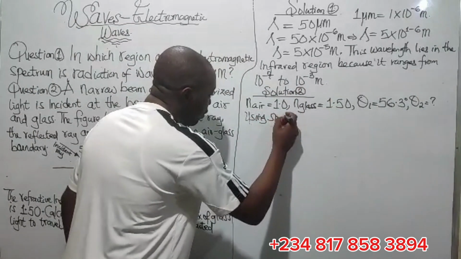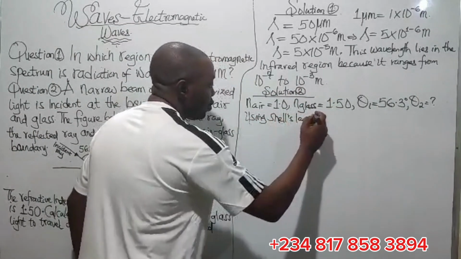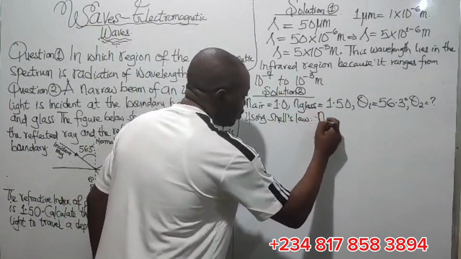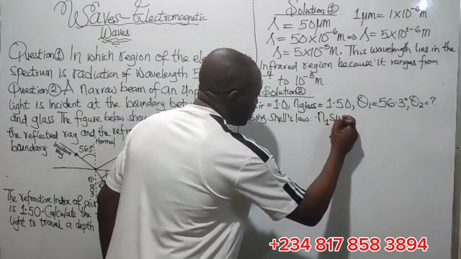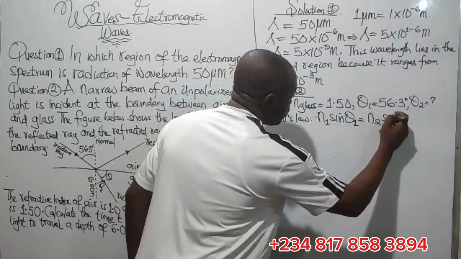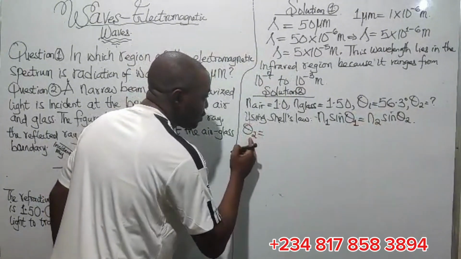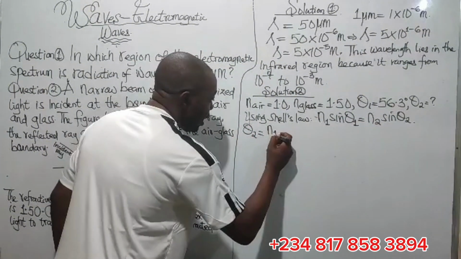All right, so using Snell's law, we know that n1 sine θ1 equals n2 sine θ2. We want to calculate the value of θ2.